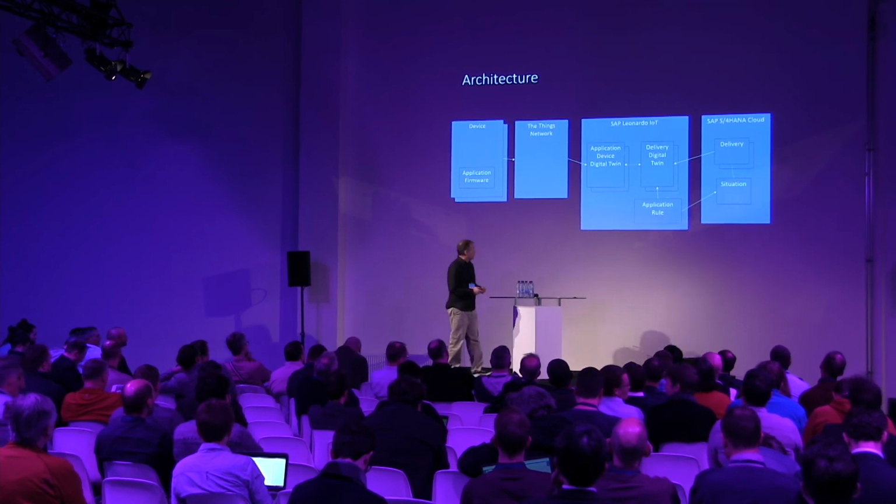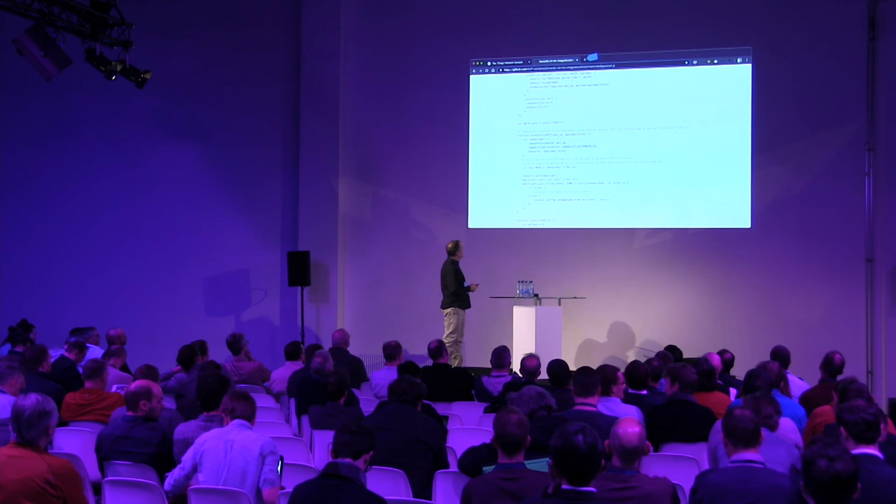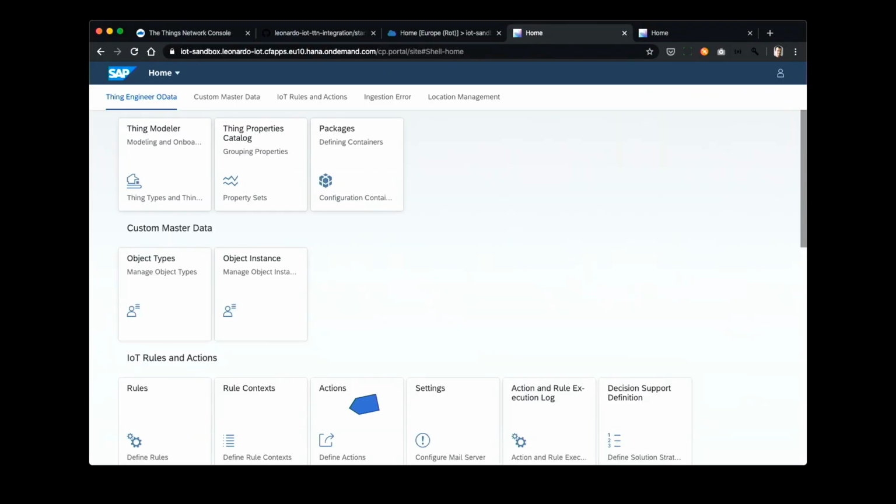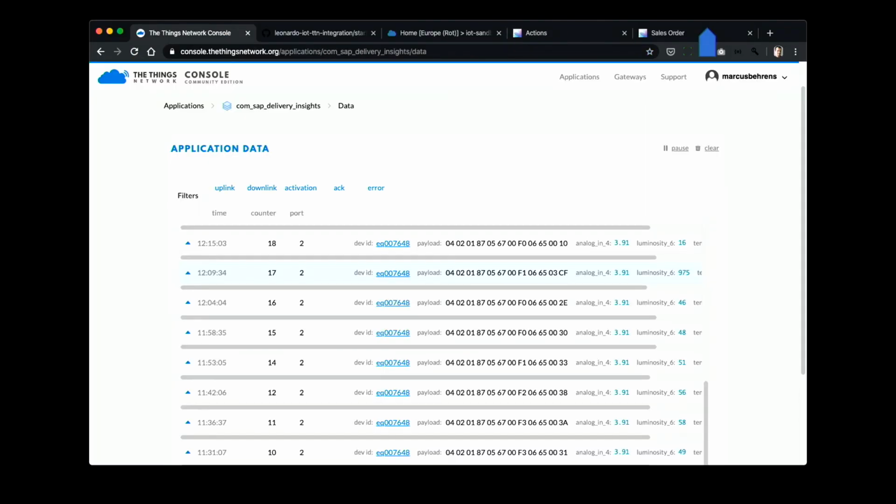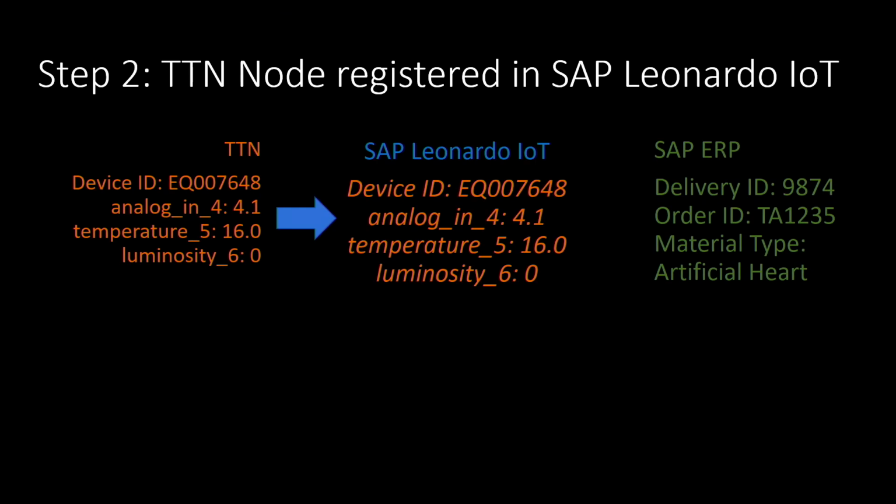I would like to point out again one of the key things that we're seeing here: there's data coming from two directions. One direction is that the device is sending the measurements, and it's sending the measurements anyway. There might be a delivery, might not be a delivery.